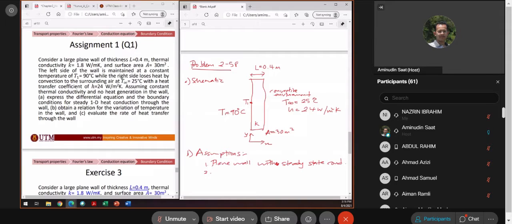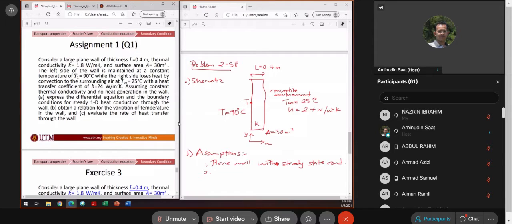And then heat conduction, because it is only given in one dimension, you can say that it is a one dimensional heat conduction equation. In fact, it's given here: assuming constant thermal conductivity and no heat generation in the wall.